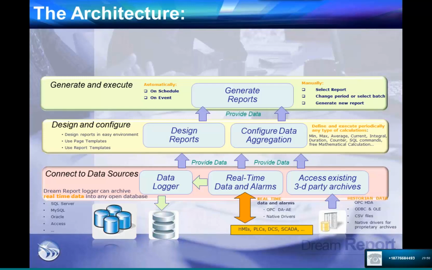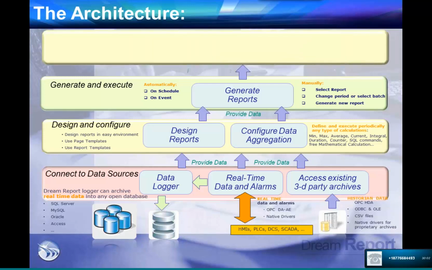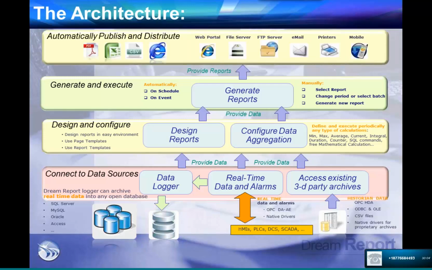From another side, you can generate reports on demand. Once the report is generated, it can be generated as a PDF file, CSV file, or Excel file. We also have the possibility today to create a web report. Once reports are generated, they will be distributed to different targets.